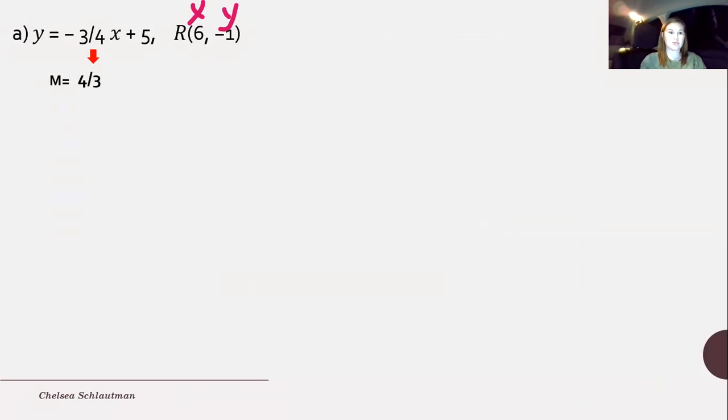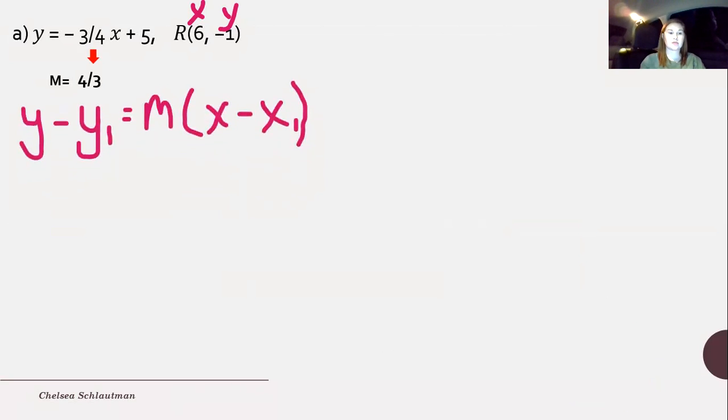Then we're going to use this formula here, y minus y1 equals m times x minus x1. And we're going to plug in the x and y that we have here. So we're going to have y minus -1 equals 4/3 times x minus 6.